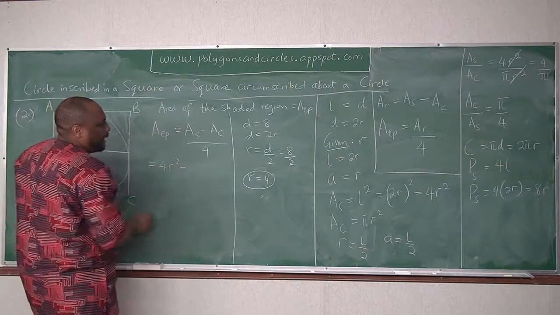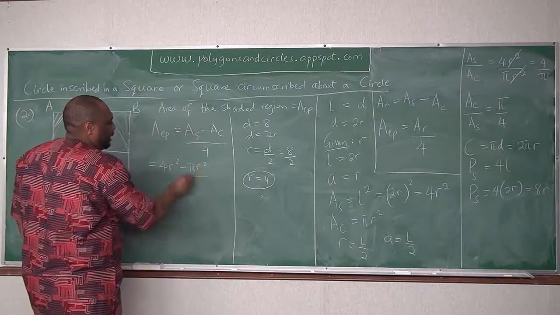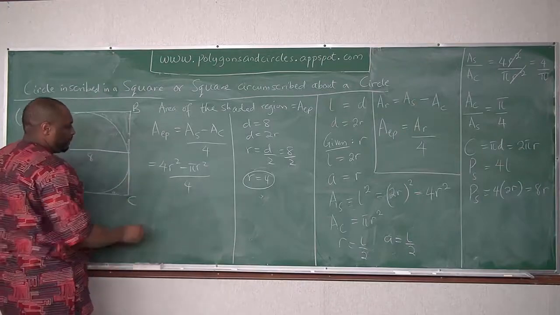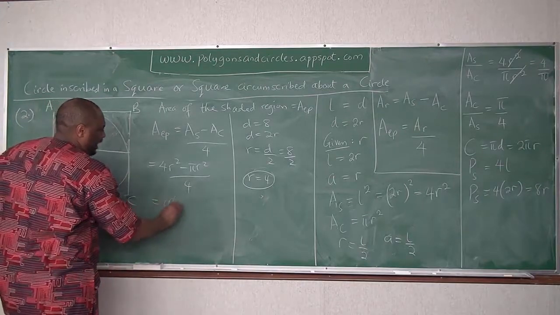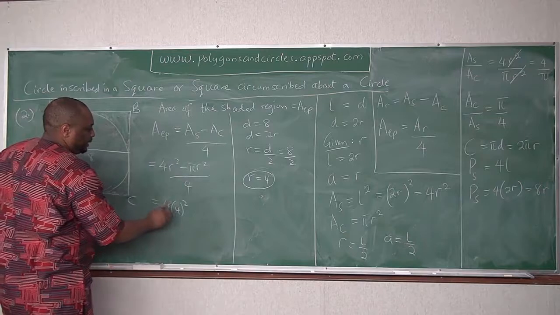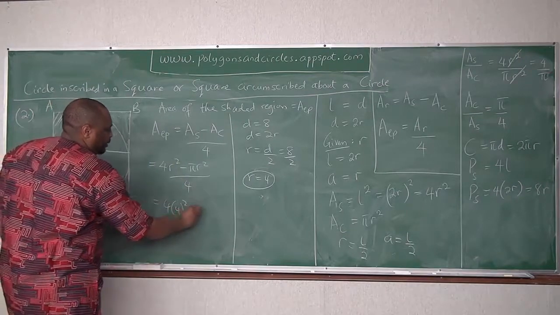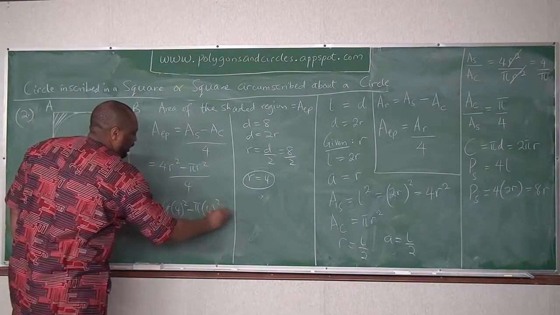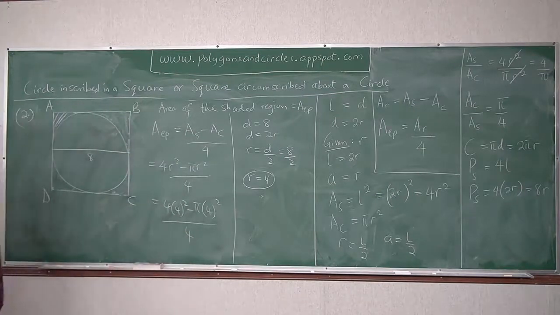So this gives us (4r squared minus pi r squared) divided by 4. And that will be (4 times 4 squared minus pi times 4 squared) all over 4.